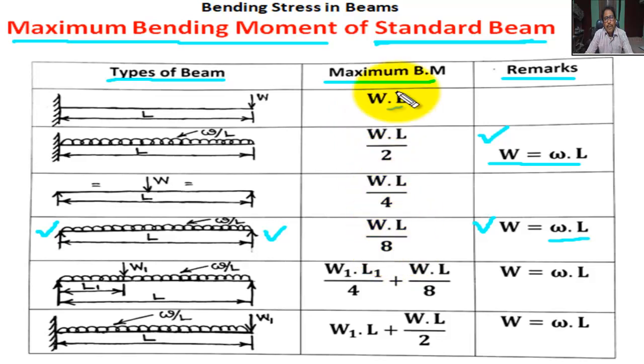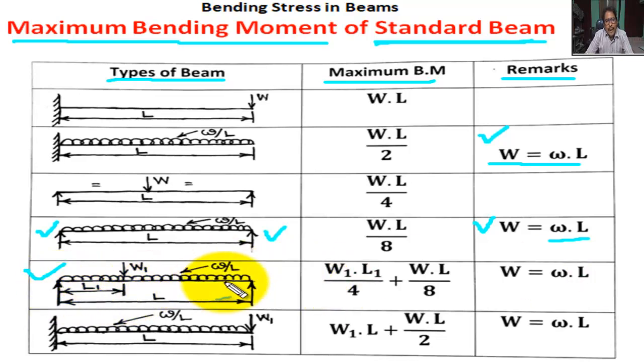We remember this formula: W into L, half W into L, 1/4 W into L, 1/8 W into L. For a special case, this is the simply supported beam, supported at this pin end and this point, total length capital L, a UDL load omega per unit length, and a point load W1 at a length L1 from this end.